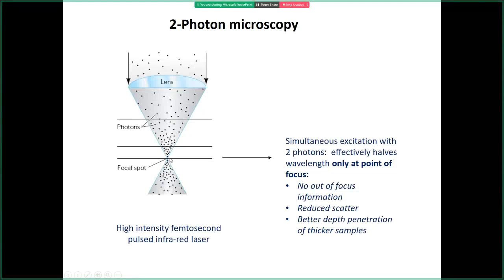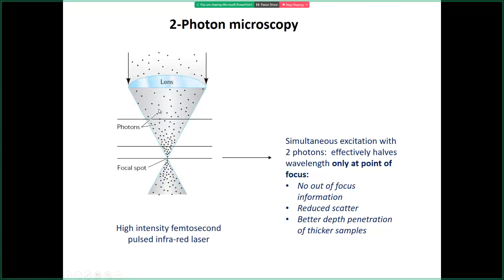And within that spot, there are so many photons that the probability of a molecule being hit simultaneously by two photons, rather than just one photon, which is what happens in normal fluorescence, becomes very significant. So we can have simultaneous excitation of fluorescent molecules with two photons. That effectively doubles the energy packet to the molecules and effectively halves the wavelength. So from infrared light, we can get blue or ultraviolet light, but only at this focal point.